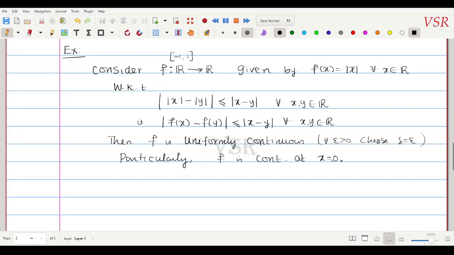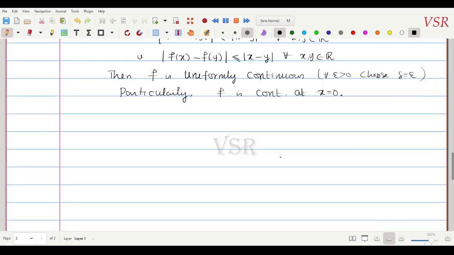Now we show that f is not differentiable at x naught, x equal to 0.